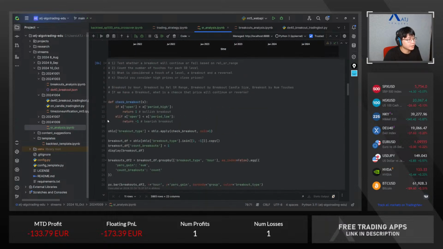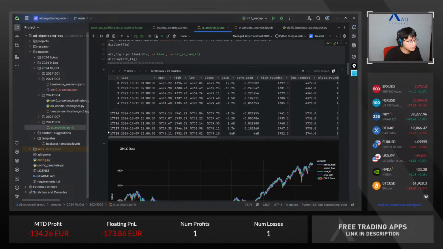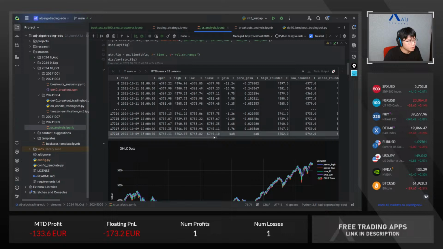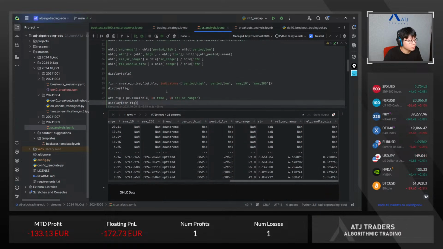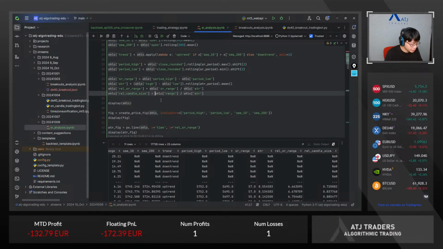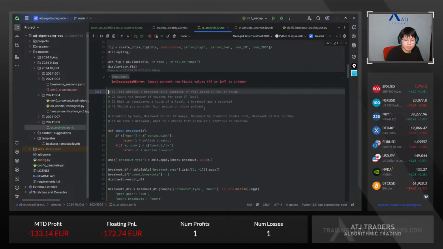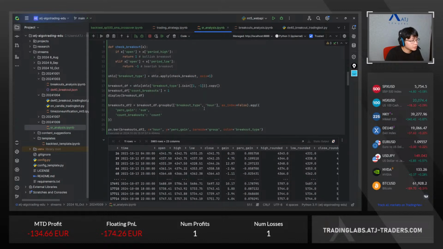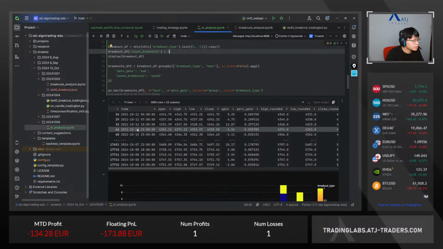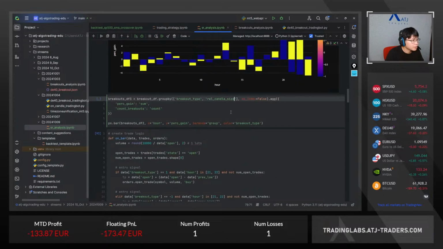Oh, of course, I need to round the candle sizes to integers, because then the group by wouldn't work that well. So relative candle size, and I will convert it to an integer. So astype int. Right, now it's an integer, and let's go down here. So percentage gain and count breakouts. Let's see what we have as a result now.